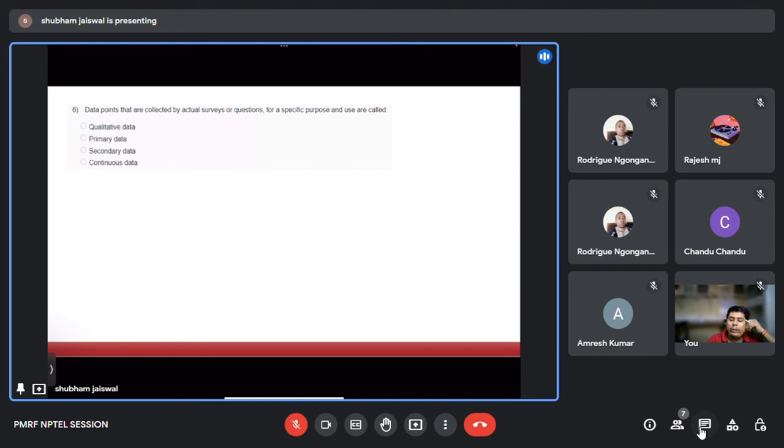Moving to the next question. The data points that are collected by actual surveys or questions for a specific purpose and use are called qualitative data, primary data, secondary data, or continuous data.